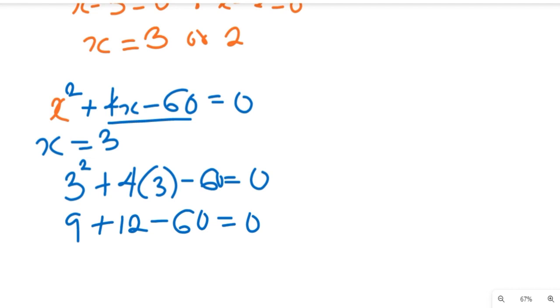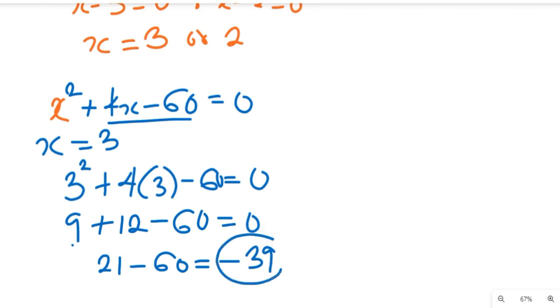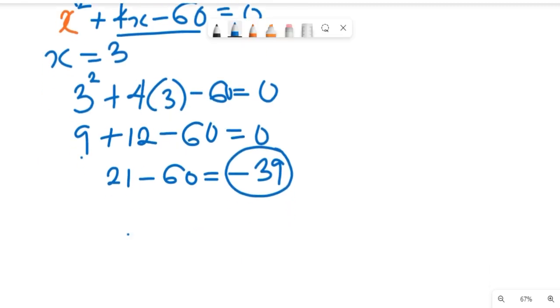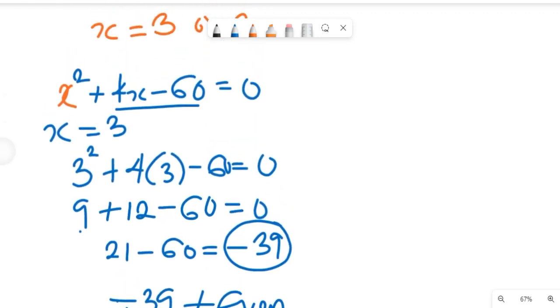Now, if we add these two values, we are going to have 21. 21 minus 60 will give us negative 39. So you see, negative 39 is not an even number. So since negative 39 is not an even number, we are going to neglect the value of x that gave us that value, which is x equal to 3.